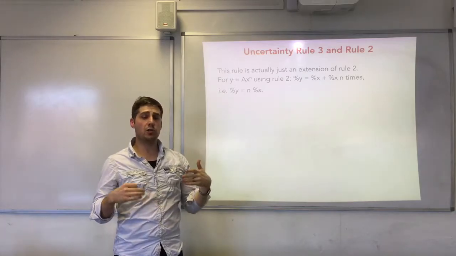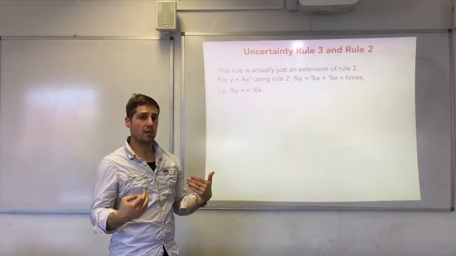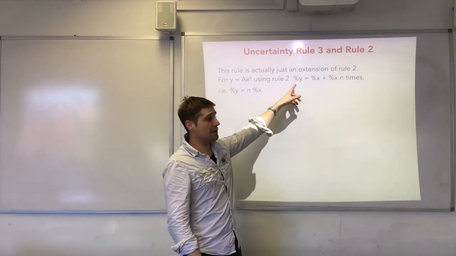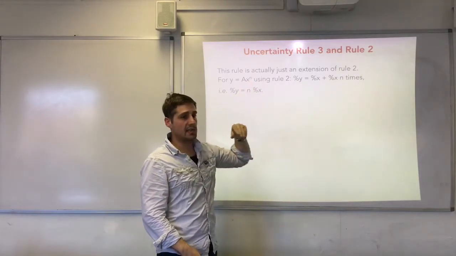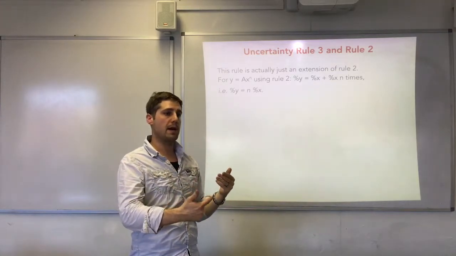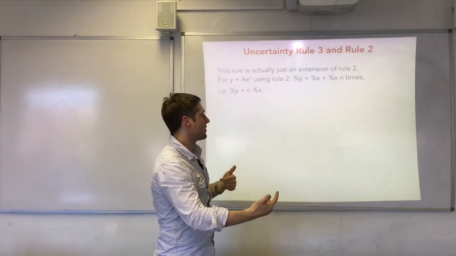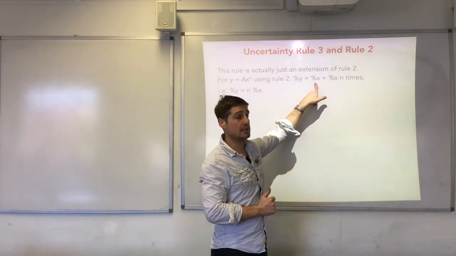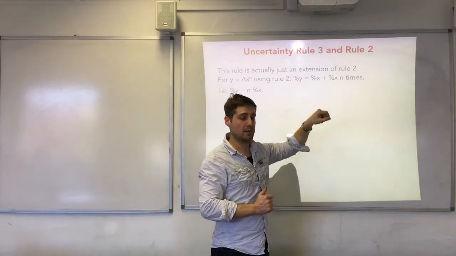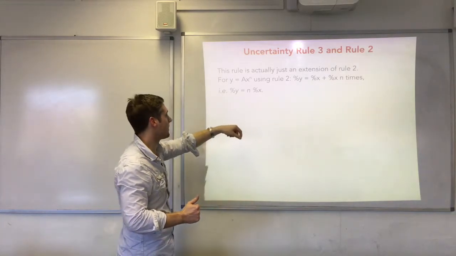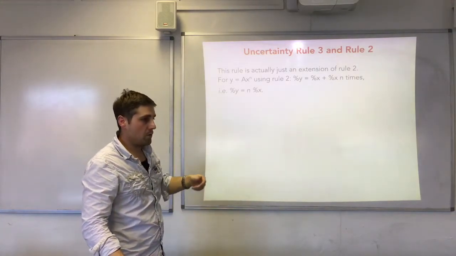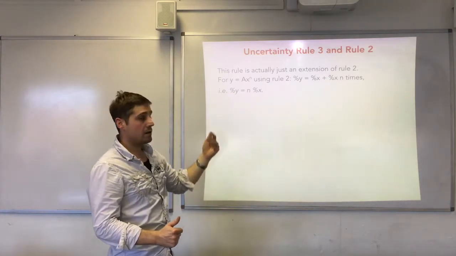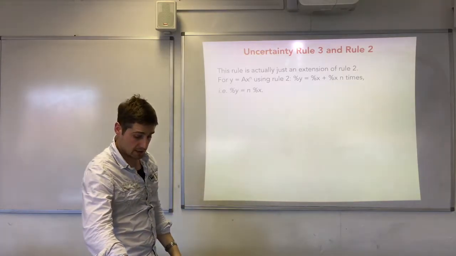Well, I could use rule 2 to solve that problem because x to the power of n just means x multiplied by x n times. So the percentage uncertainty in y would be the percentage uncertainty in x plus the percentage uncertainty in x n times. So therefore, the percentage uncertainty in y is n times the percentage uncertainty in x.